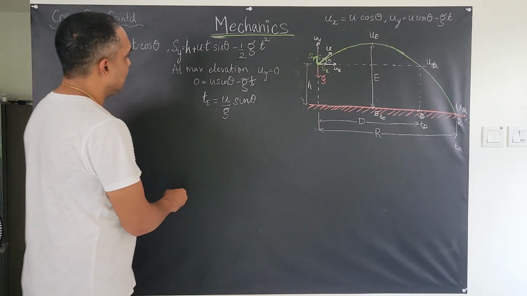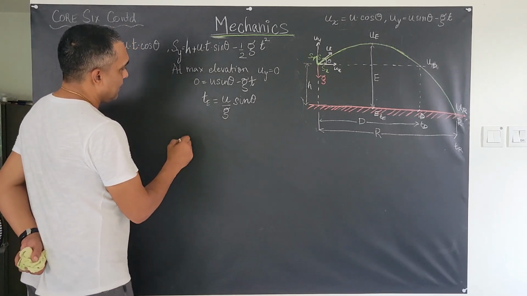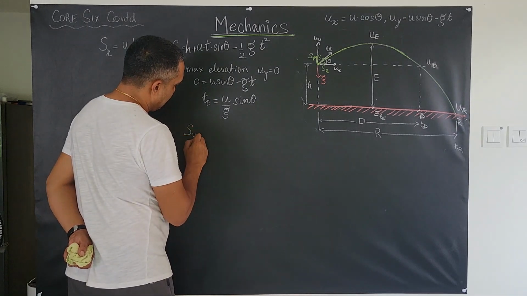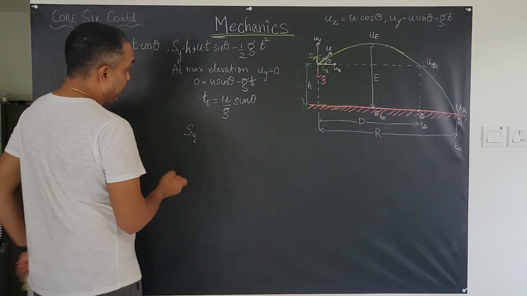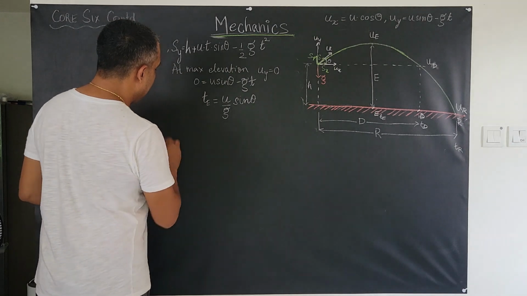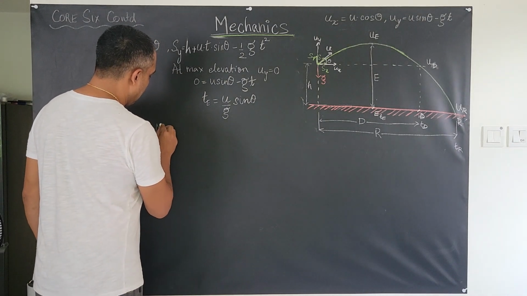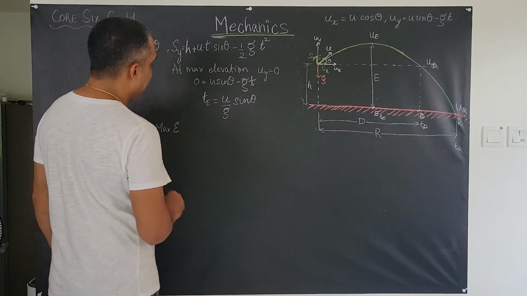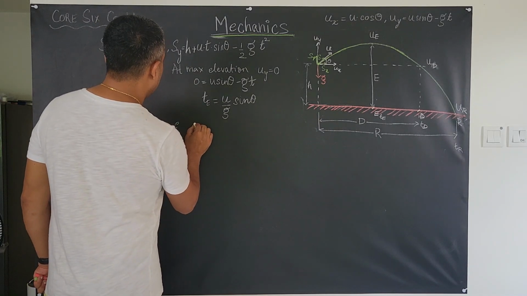Good, isn't it? Then you could say sy, or rather, the right way to say it is maximum elevation, right?